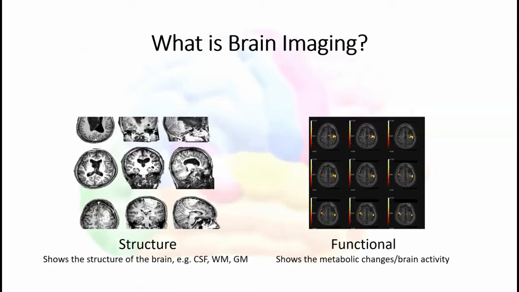The brain areas involved in completing or responding to these tasks light up. Functional imaging measures stimulus-related changes in blood flow or metabolic changes. It will show the parts of the brain involved with each type of task.